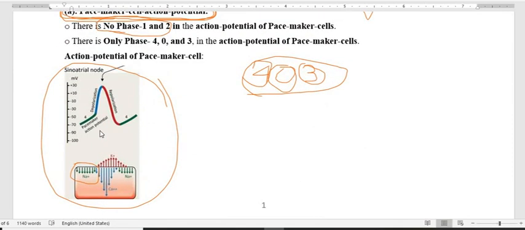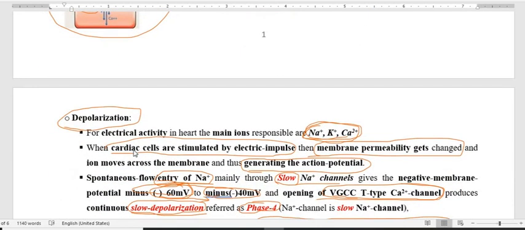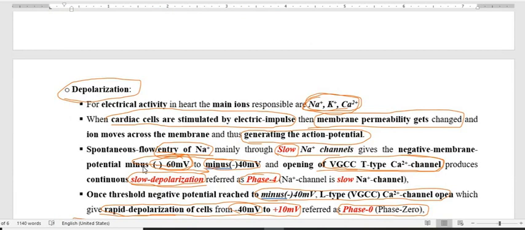So this is the starting point of the pacemaker action potential at phase 4, where the depolarization was the slow depolarization.